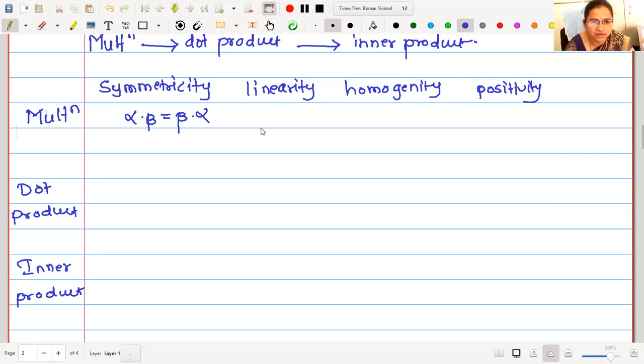Okay, and next is linearity. What does linearity tell me? (alpha plus beta) into gamma is alpha dot gamma plus beta dot gamma. This is called the linearity property. And what is homogeneity? If we have three scalars, (alpha beta) into gamma, we can write as alpha into (beta gamma).